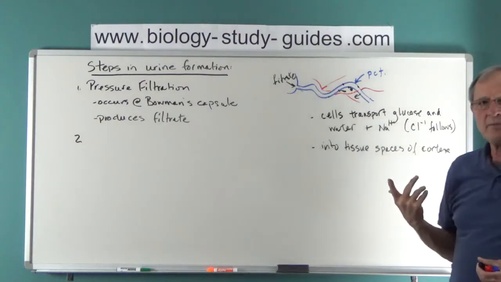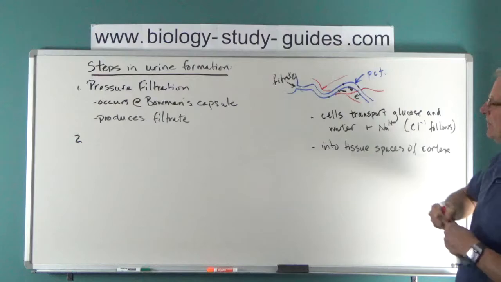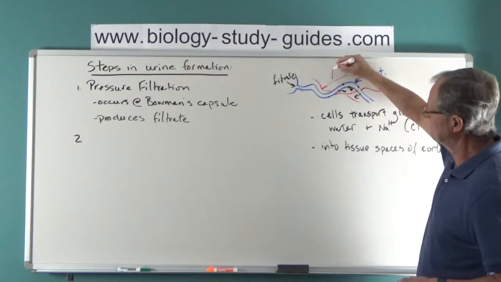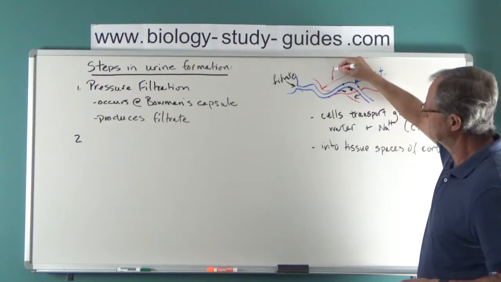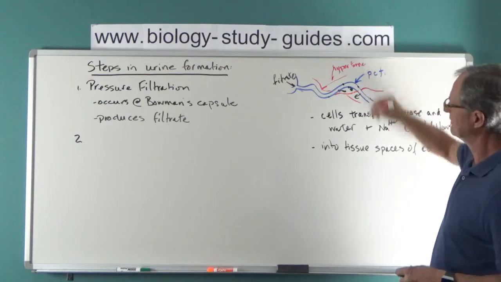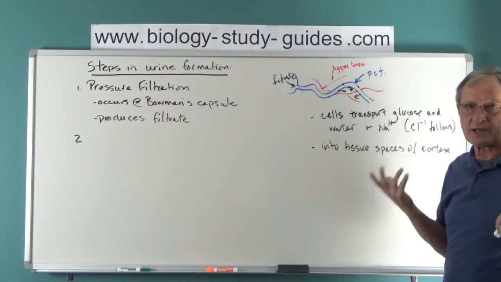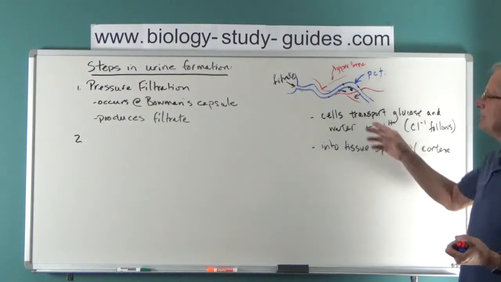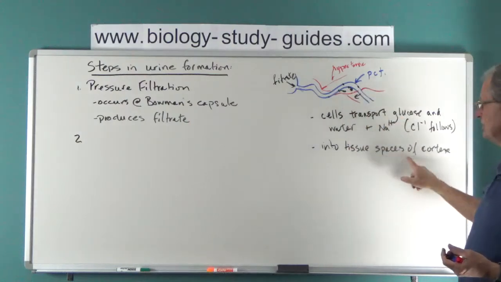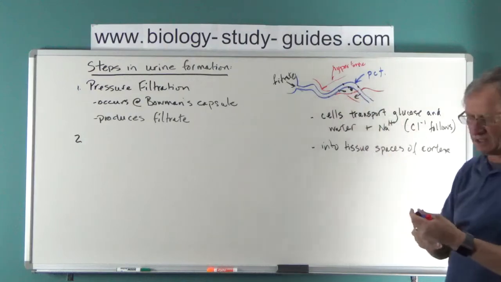Now comes the point that I made before. The blood that's inside this blood vessel here, the arterial blood, is hypertonic. Because it's hypertonic, that sets up an osmotic imbalance, and materials which are in abundance in the tissue spaces here, the water and glucose and so on, get transported back into the blood.